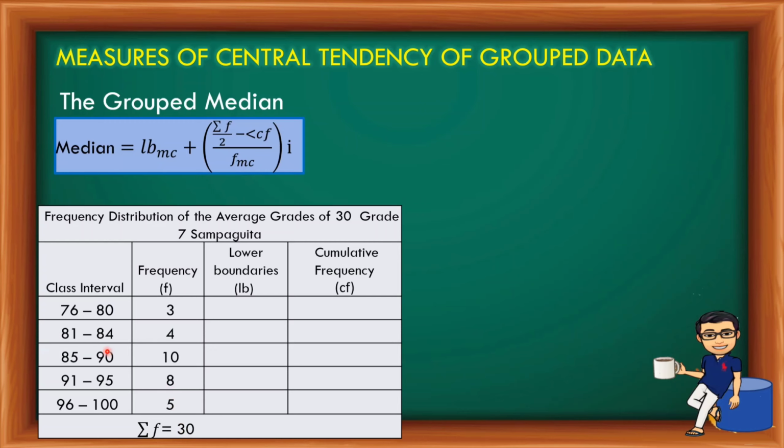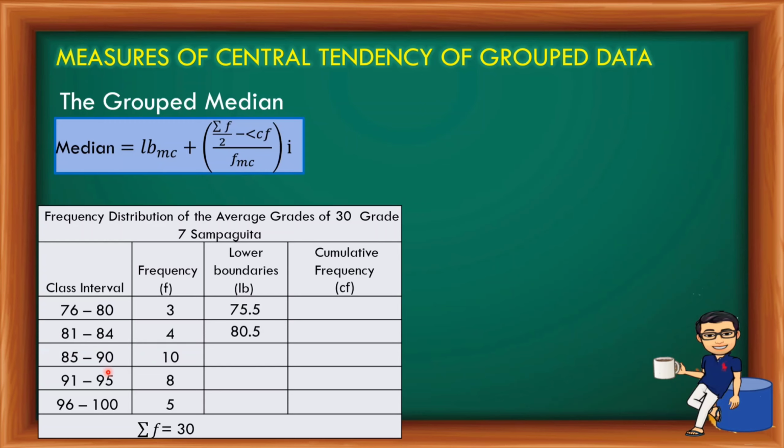Kaya para makuha ang lower boundaries, itong 76, ito yung lower bound dito sa 76 to 80 kasi yan yung lower number, ima-minus mo sa 0.5. So pag minus mo yung 76 sa 0.5, yun ay 75.5. Dito naman sa 81 to 84, yung 81 naman ang ima-minus sa 0.5, the answer is 80.5.